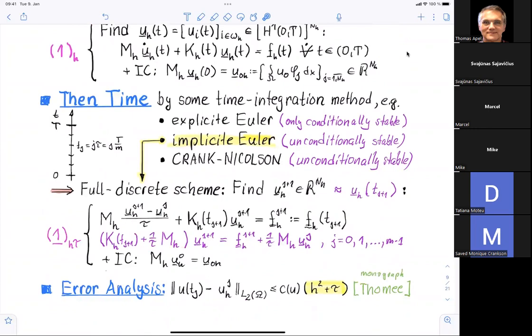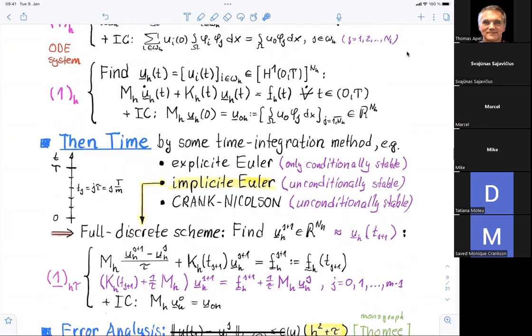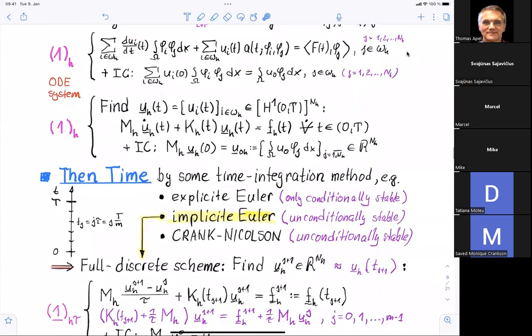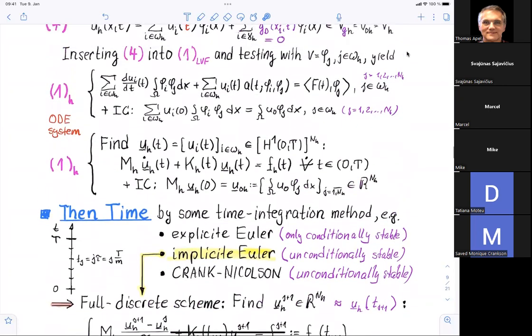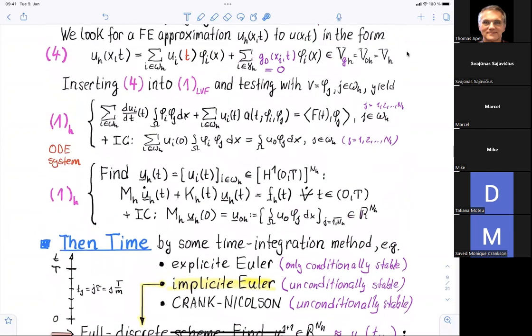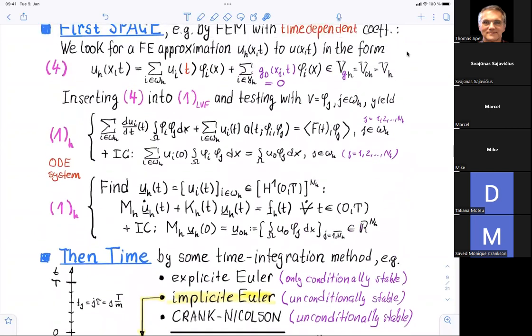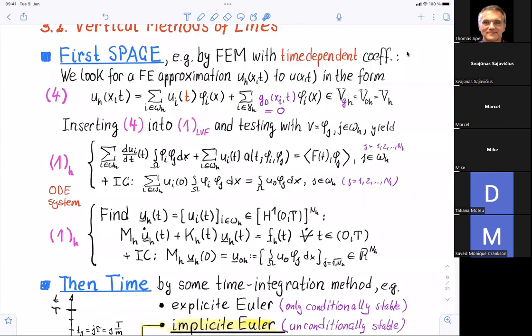But the difference of these two approaches is that here you cannot apply an adaptive method because the discretization is given in advance. You have one mesh, you have your basis function, and you make this ansatz. It's not possible to use an adaptive method that is changing in time.